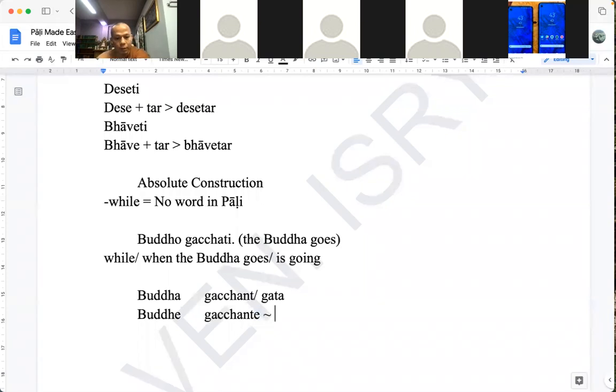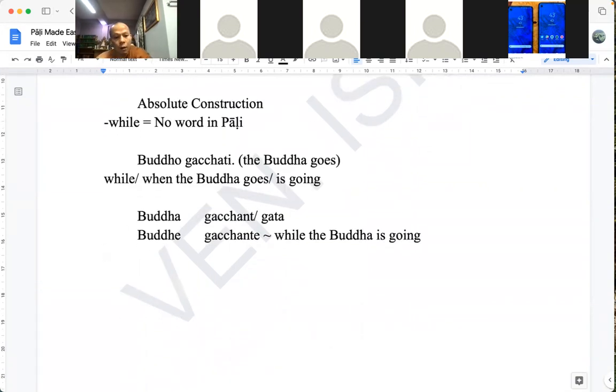From that construction, the Buddha is going, so when the Buddha is going, that sense happens. In the absolute construction, the first one will be the subject, and then the predicate. The subject is a noun, and the predicate is actually a participle form.